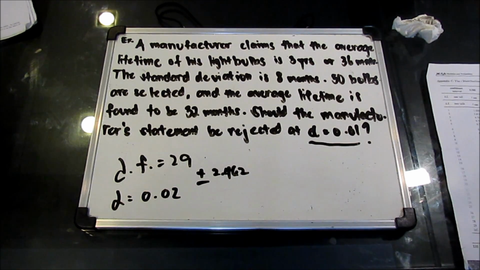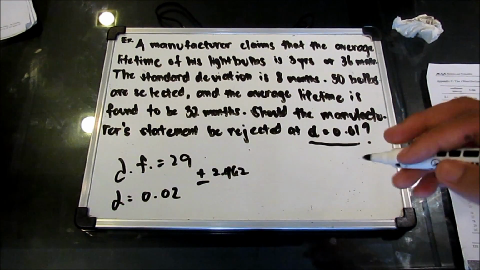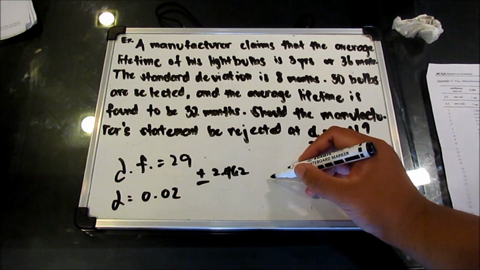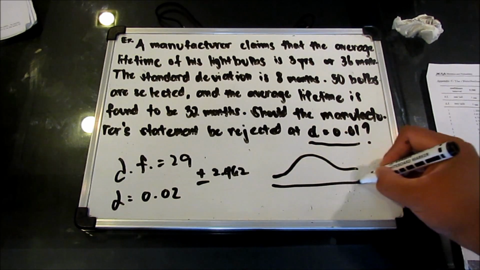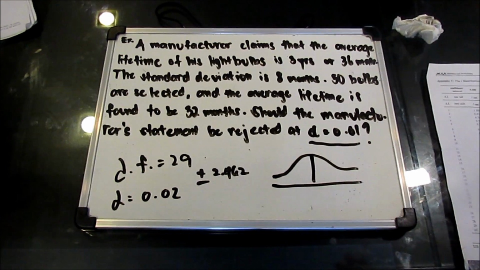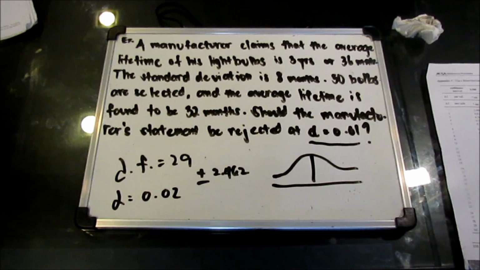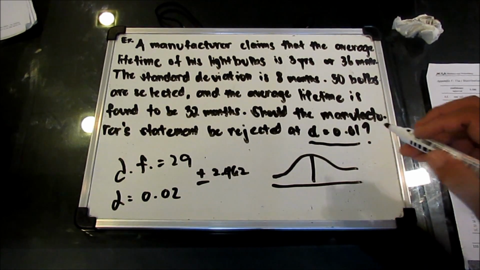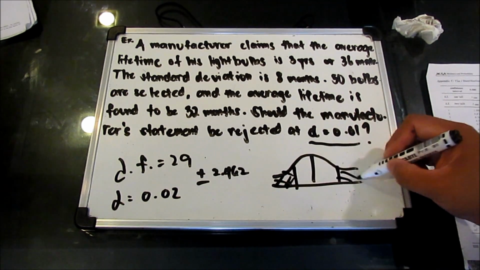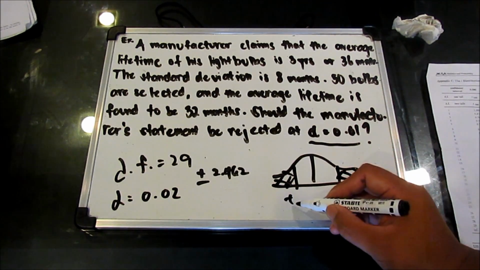So we draw a normal distribution curve, and since it's two-tailed, we shade the left and right side of the curve. So this is our T1, this is our T2.